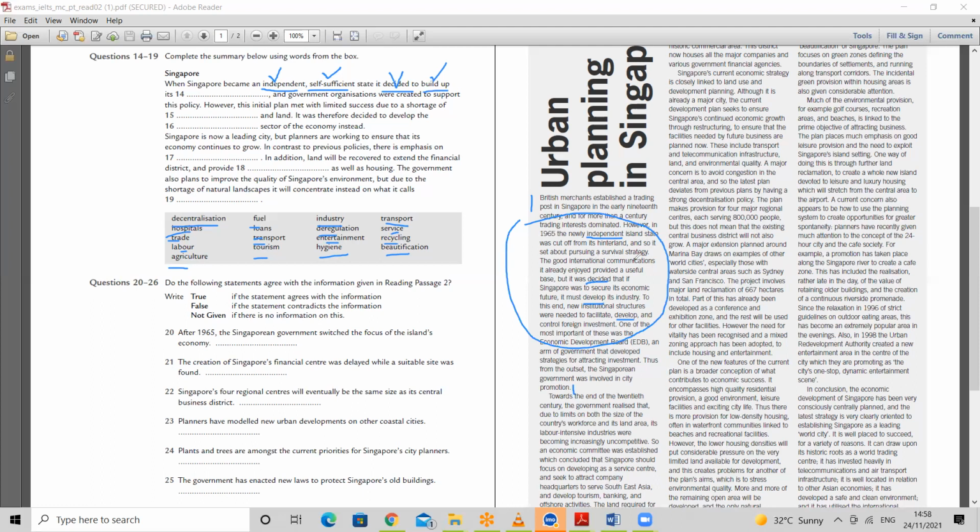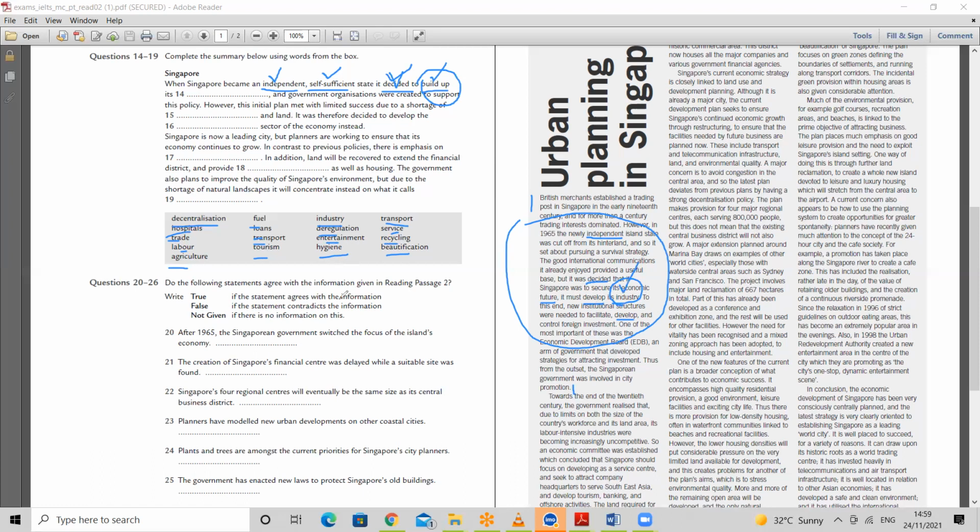The good international communications it already enjoyed provided a useful base, but it was decided that if Singapore was to secure its economic future, it must develop, which is build up its industry.